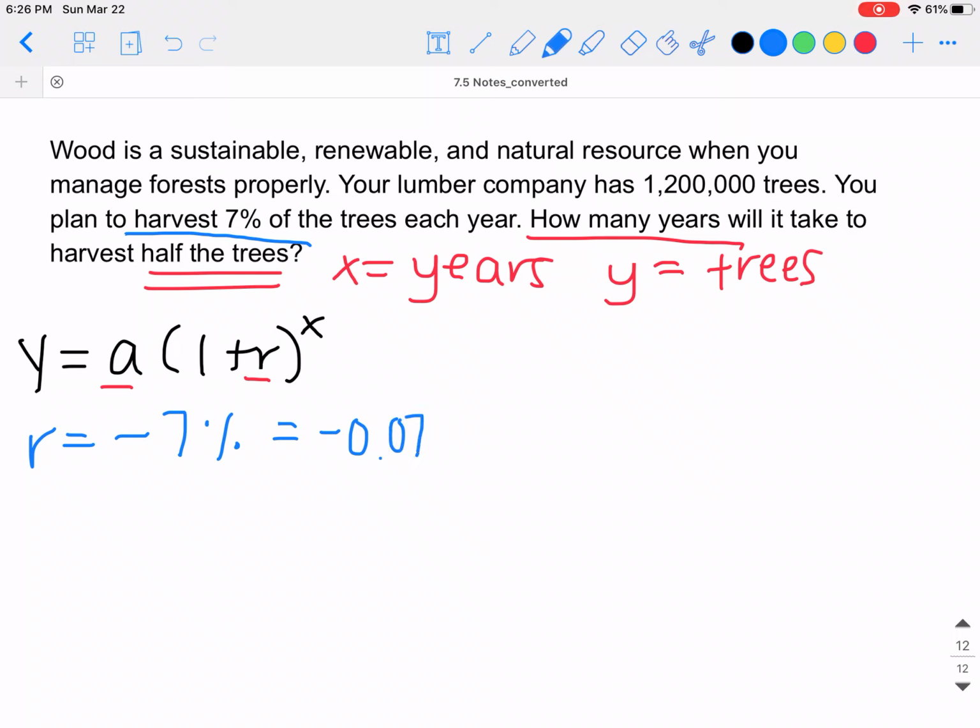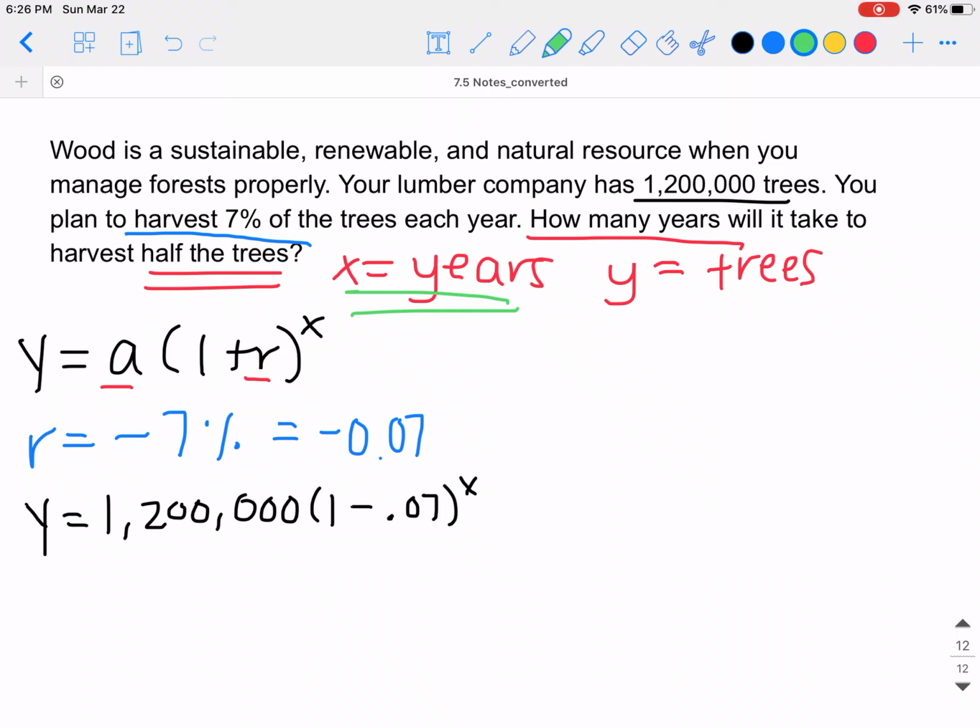So if we plug back into our exponential equation, we're going to have y equals, our a value is 1,200,000 because that's the original number of trees that we have, times (1 minus 0.07) raised to the x power. Now, it asks us to solve for how many years. So we're trying to solve for our x value, which means we're going to plug in for y.